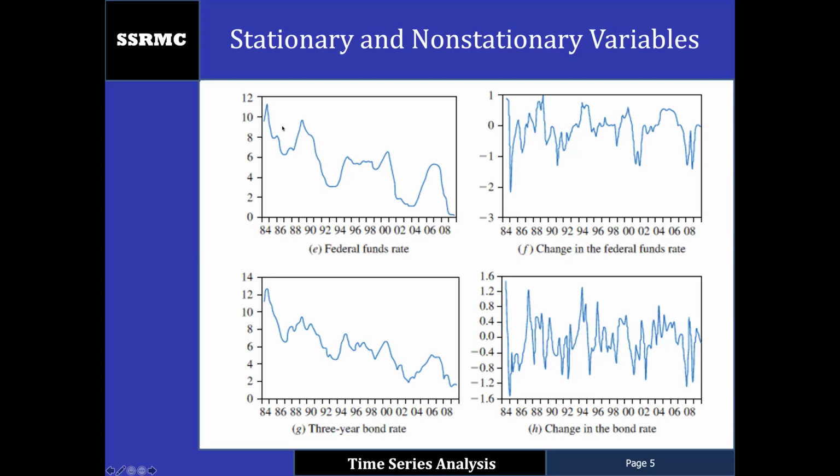Once again, the level data, the original variables like the federal funds rate and the 3 year bond rate, don't look stationary to us, because the means apparently changed over time. On the other hand, the first difference, for example the changes in the federal funds rate, fluctuates around 0, and this one looks like it fluctuates around 0 as well. So they are more stationary.